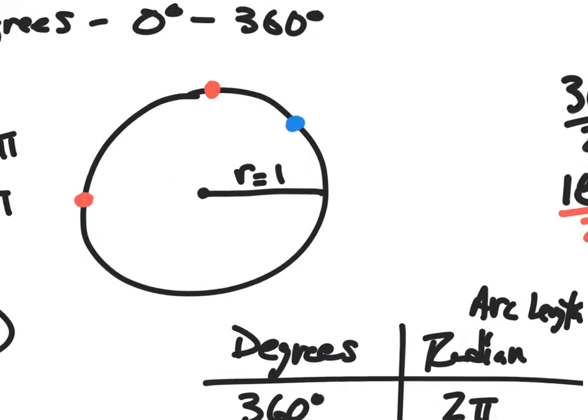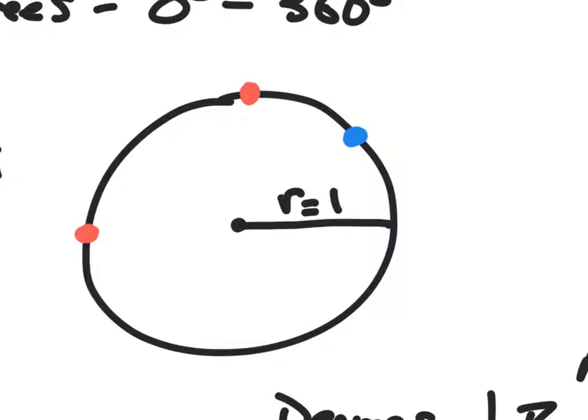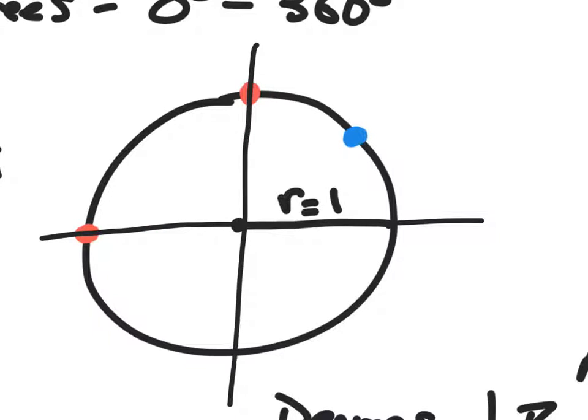So here's what I'm going to do with this circle. I'm going to put an axis on it. What I know is that this is pi over 4 radians, which is similar to 45 degrees.